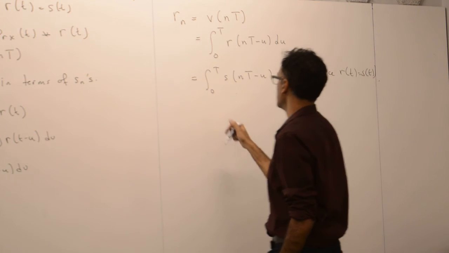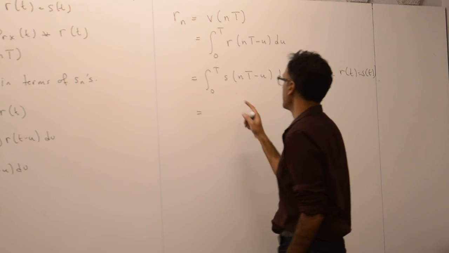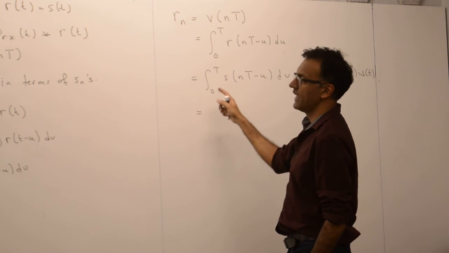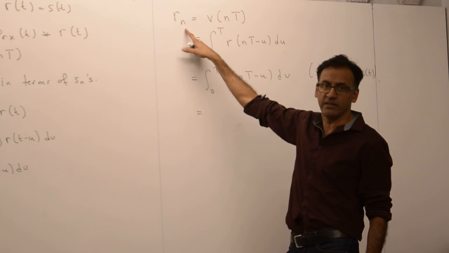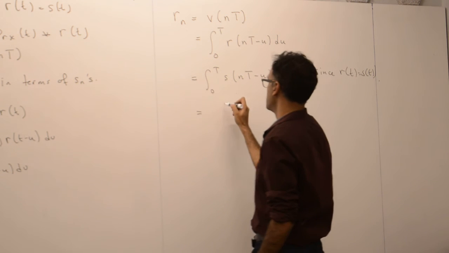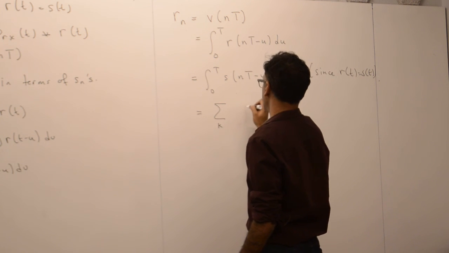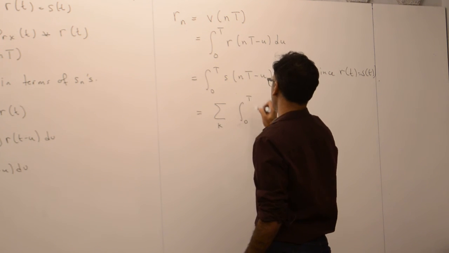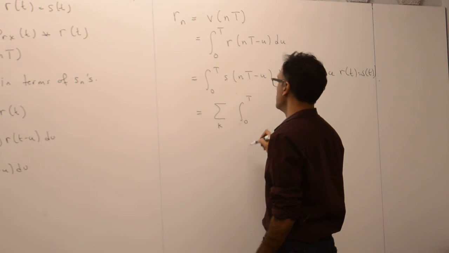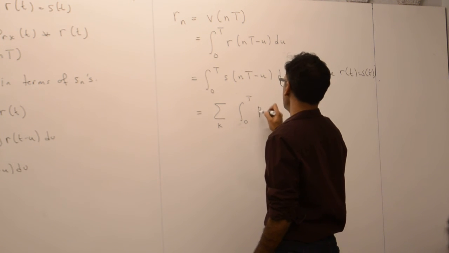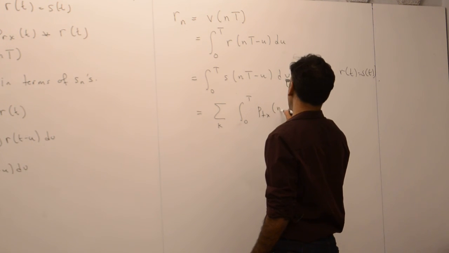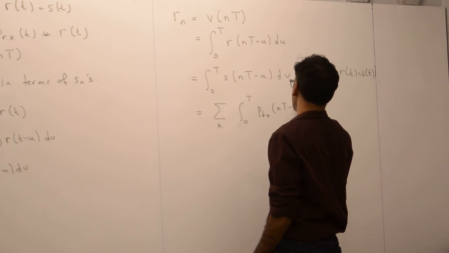Now this is the sum, and the only tricky thing you have to do here is remember that I'm already using n as the index, so I have to sum over k. Right? And remember S of nt is P of t of nt.